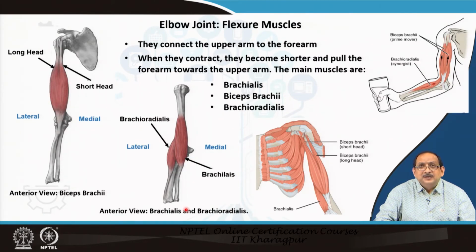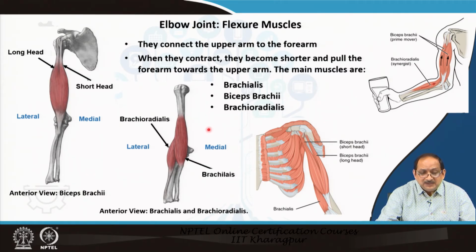Let us summarize the flexor muscles that contribute towards this movement, flexion. The main muscles are the brachialis, the biceps brachii and the brachioradialis. They actually connect the upper arm to the forearm. When they contract during flexion, they become shorter and pull the forearm towards the upper arm.